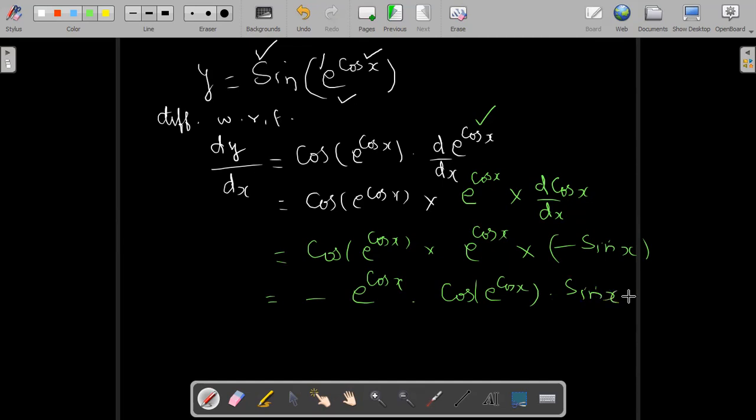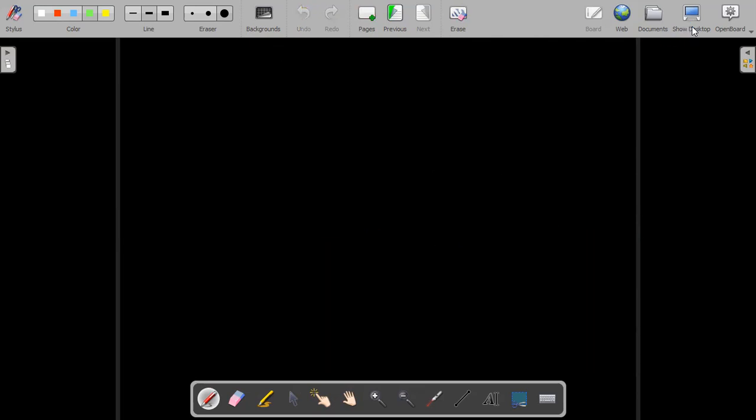I think you understood. So we have the first exercise based on this one only. I'm taking some questions from exercise number 1. There we have many composite functions.